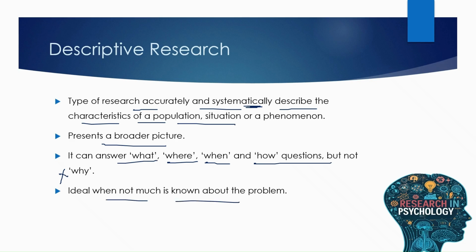So when you don't know anything about the problem, your first step is to do descriptive research, where you describe all the attributes, finding out the what, where, when, and how about your topic. Once you have the descriptive research, you have a base on which you can build your further plans and studies.